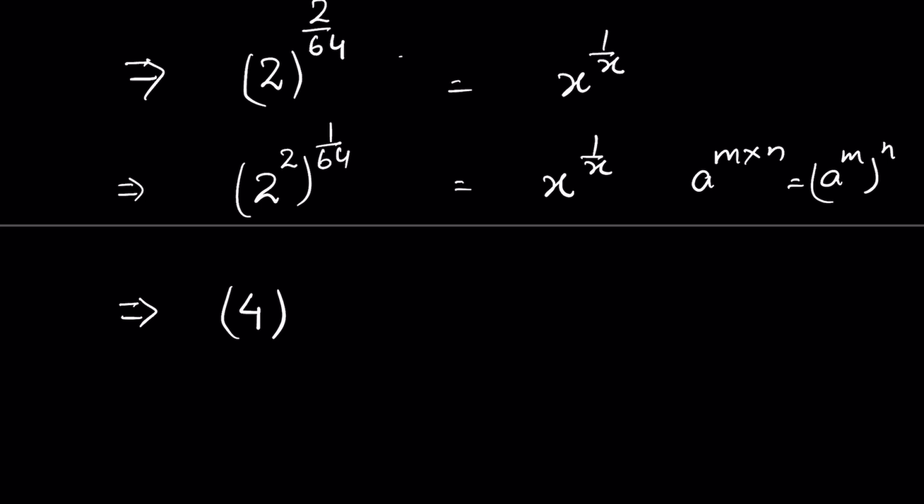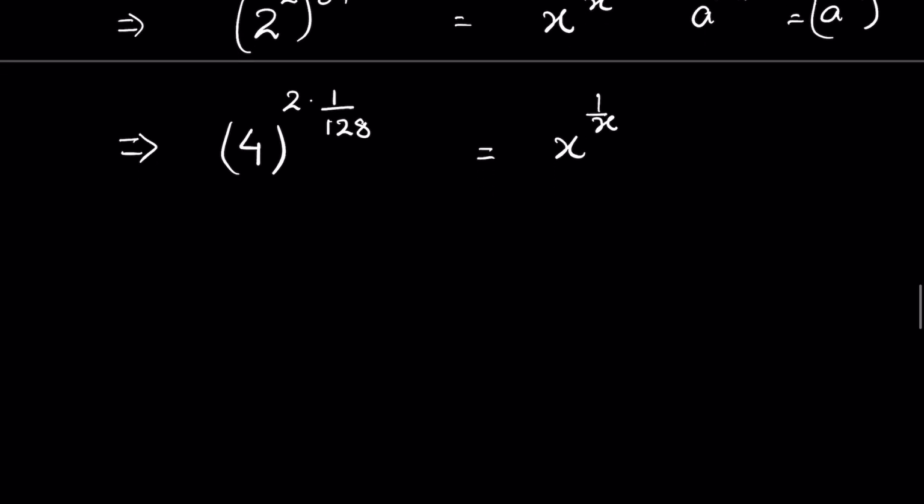Again 1 upon 64, the equivalent fraction is, if we multiply it by 2 and divide it by 2, then it becomes 2 upon 128, and this we can write as 2 times 1 upon 128 is equal to x to the power 1 upon x, or you can write it as 4 to the power 2 then whole to the power 1 upon 128 is equal to x to the power 1 upon x.